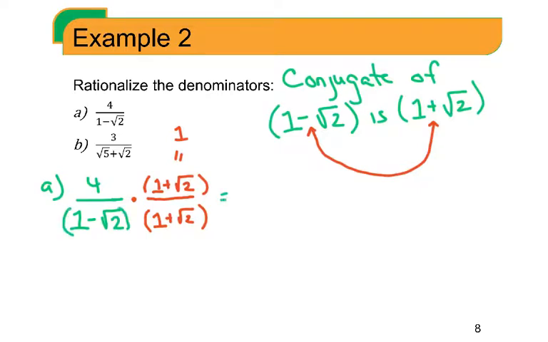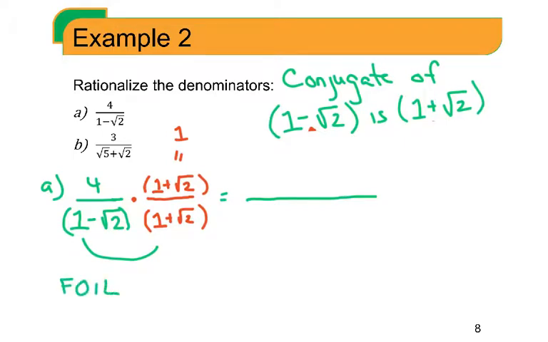So what happens when we multiply this out? Okay, so let's look at the denominator first. If we use FOIL, soon you'll learn the pattern. 1 times 1 is just 1. First, outer would be plus the square root of 2, 1 times the square root of 2.